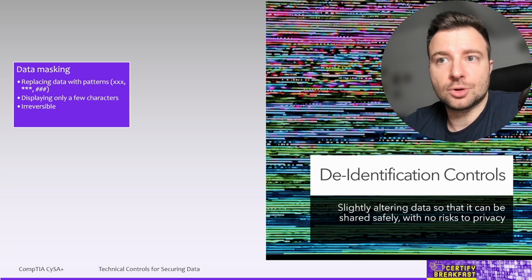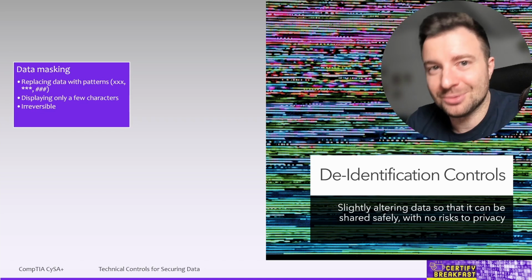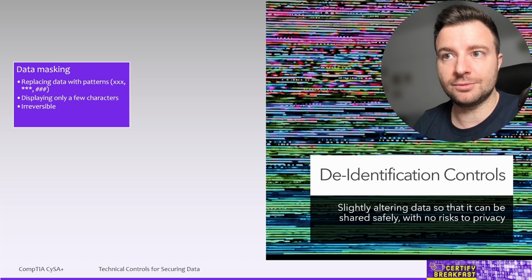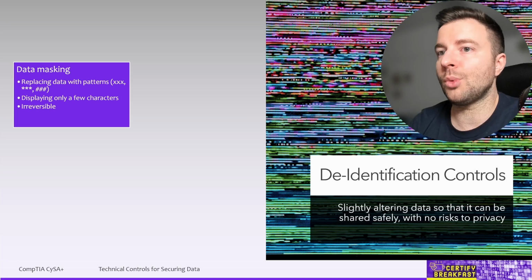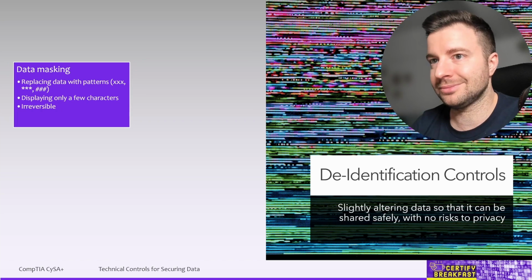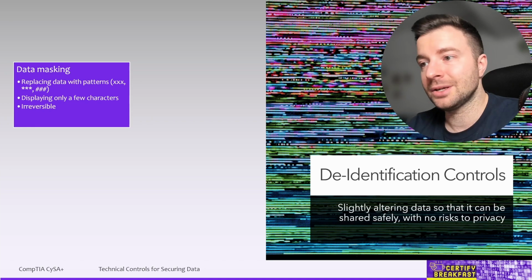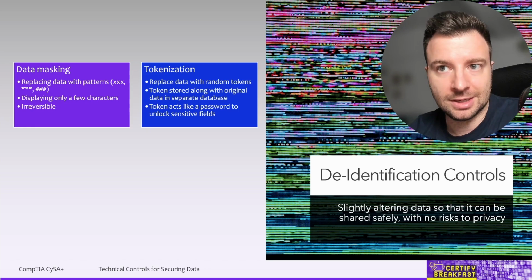It's also great against shoulder surfing, like having someone peeking over your shoulder when you're viewing some private data. And of course, this method is irreversible, right? If you see data masked in a form, in a database, there's no way to extract it from those X's or hashtags. You need to query that information again, perhaps even with different privileges, to get that original data.